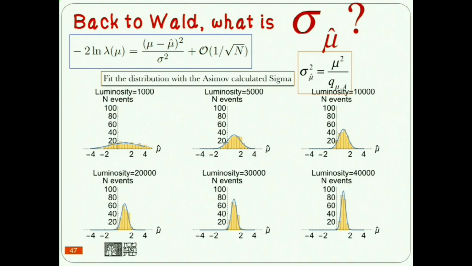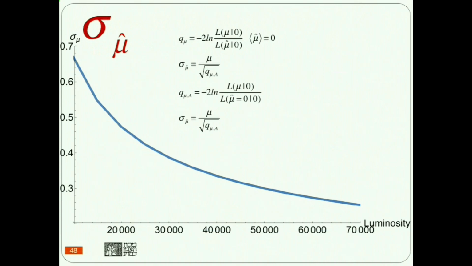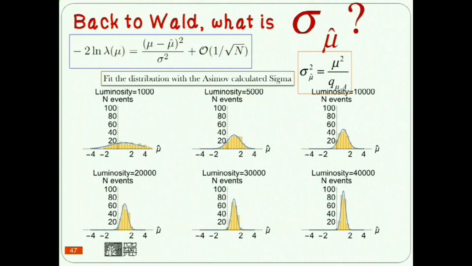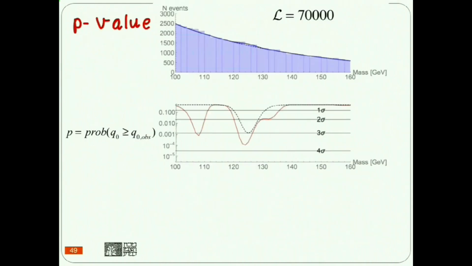And I see that it works fantastically. And actually, I can even calculate the behavior of sigma mu hat as a function of the luminosity. If I increase the luminosity, the resolution becomes better. I can separate the hypotheses better, and I get the behavior of sigma mu hat, which goes down, down, down, and shrinks and shrinks as the luminosity goes higher.